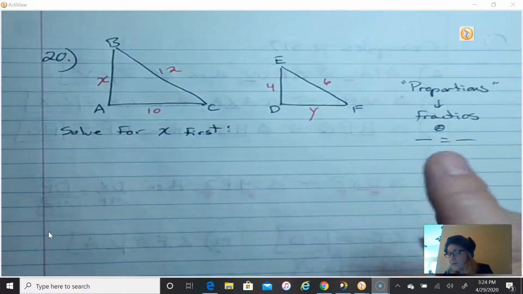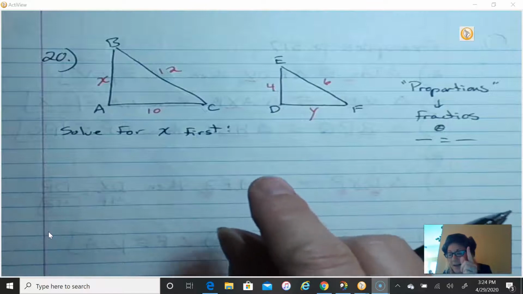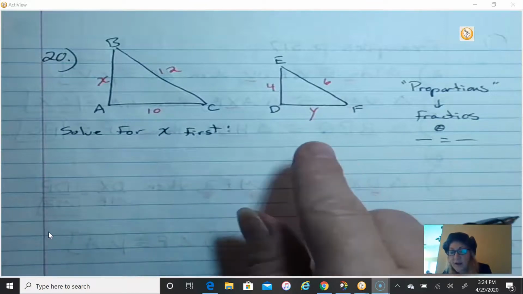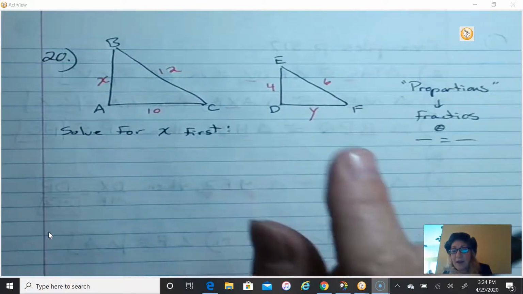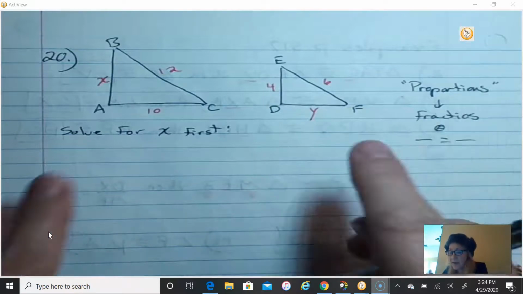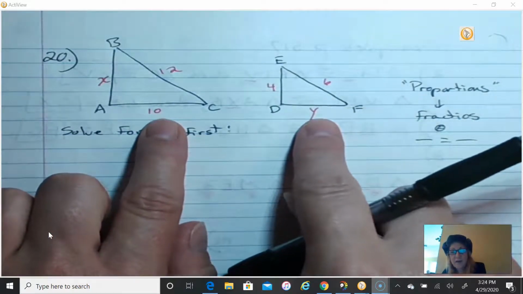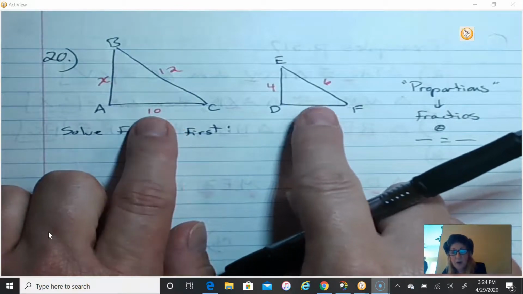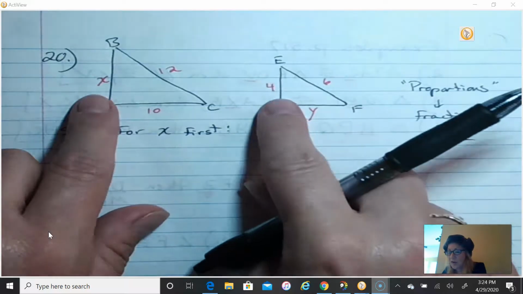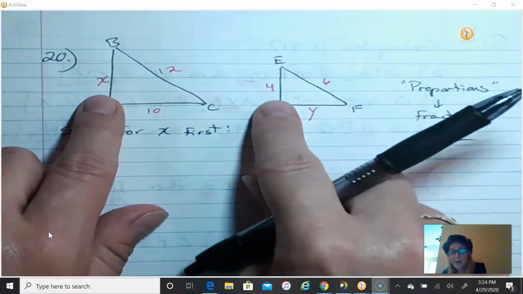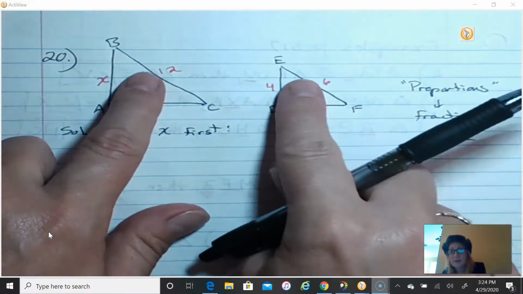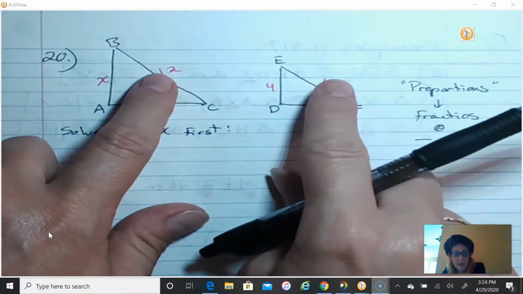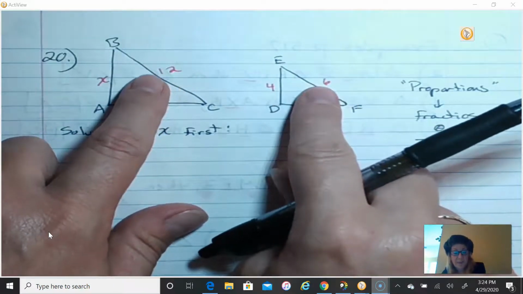First thing you need to do is find a side on both triangles that have a measurement. These two sides that correspond, there's a Y there. You can't use those because they both don't have measurement. We're solving for X, okay, but the sides we're going to compare it to are these two sides because they have measurement.